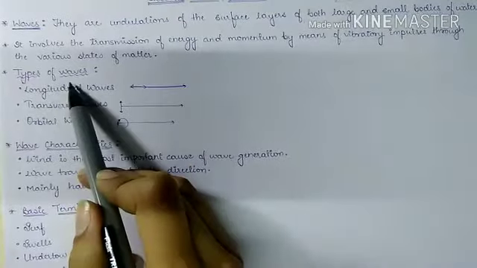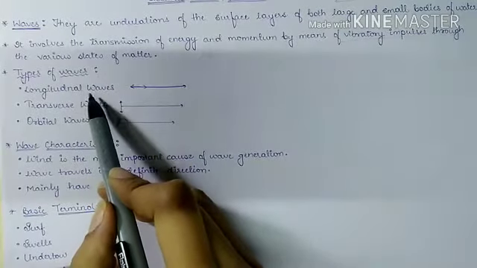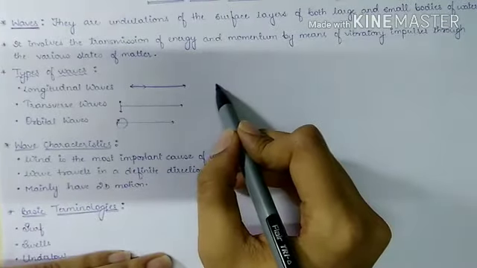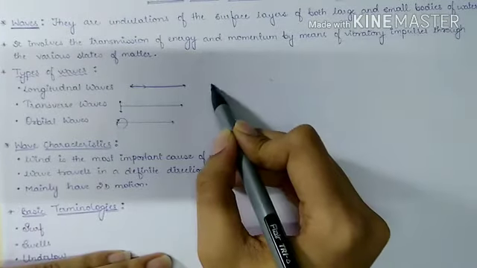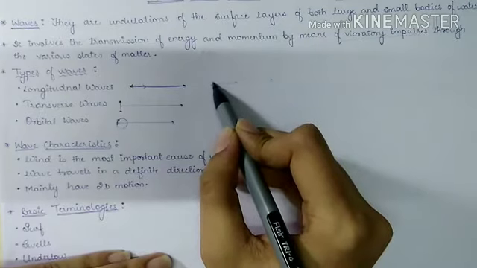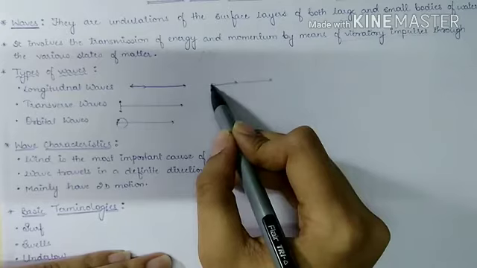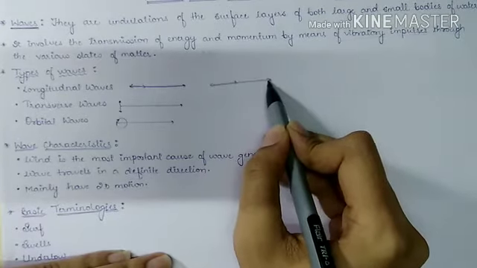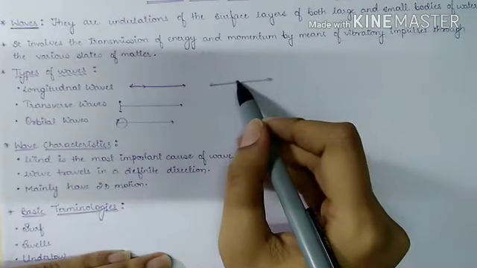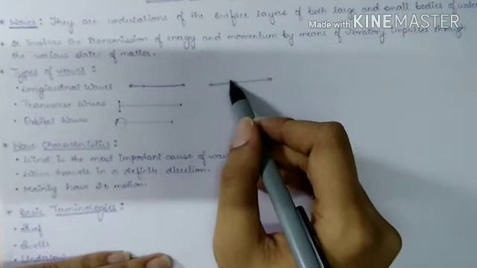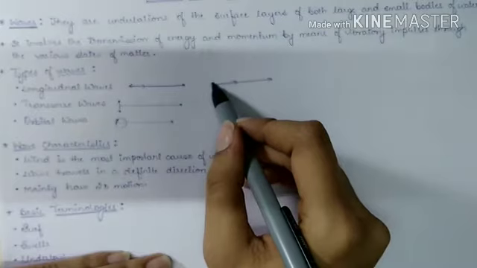Now we basically have three types of waves. First is the longitudinal wave. A longitudinal wave moves to and fro in the direction of movement of water. So if the water is moving this side, in this line only it is parallel to the movement of water and it will move to and fro.